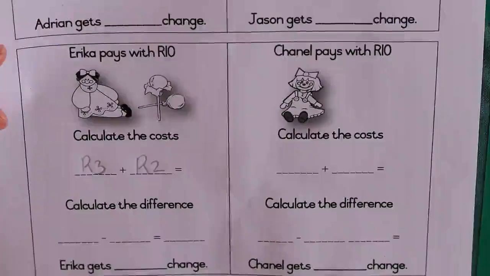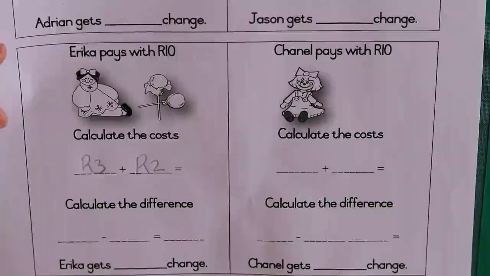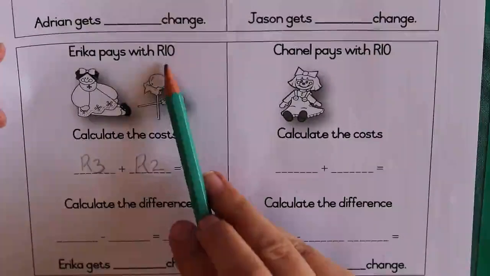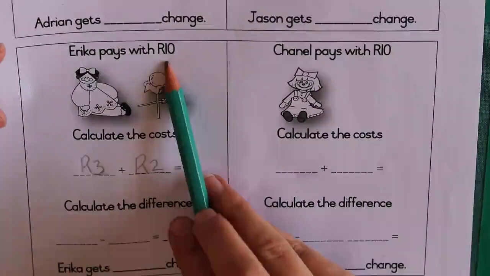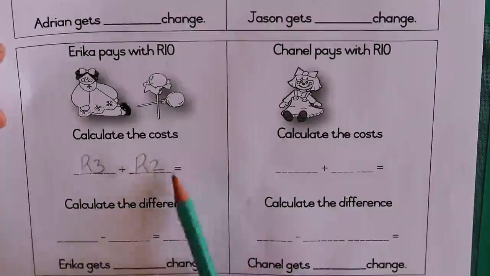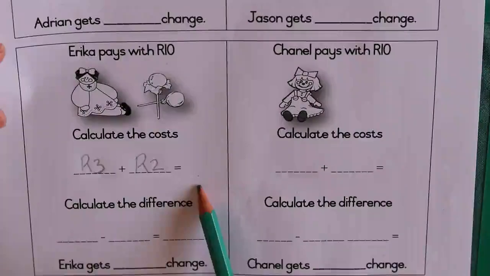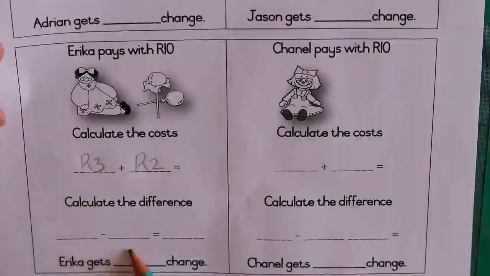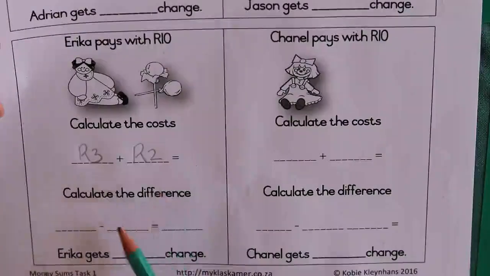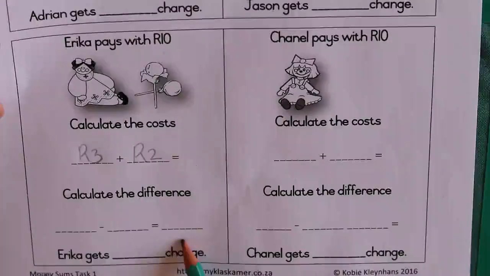And then again, we need to work out the change. What money will she get back from the shop? She's giving them 10 rand. She's buying these things for how much? Yes, now we need to work it out. Okay, it's a minus because we're taking away the money that she's spending to see what she's getting left.